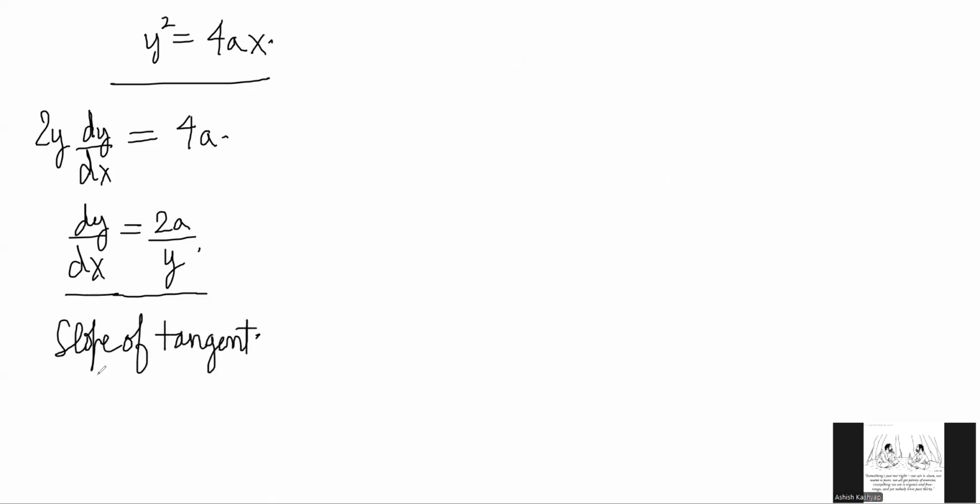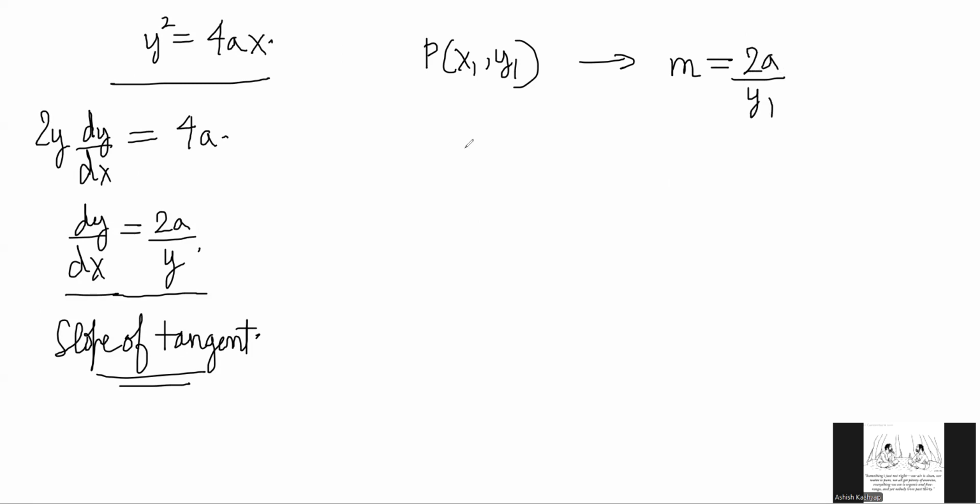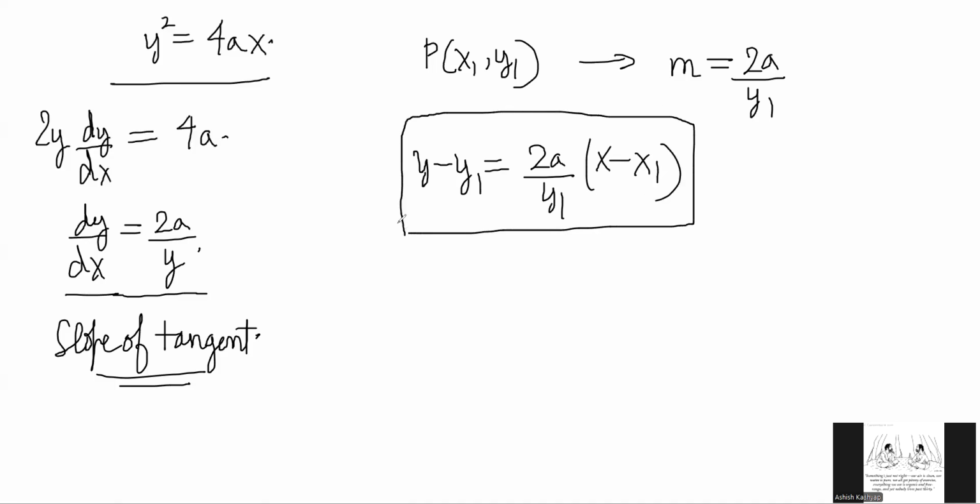If I need the slope of the tangent at the point (x1, y1), the m of the tangent at that point will become 2a by y1. So the equation of the tangent will be y minus y1 is equal to 2a by y1 times (x minus x1), which as you recall was the same equation we got in the previous case as well, right? If you simplify this, you will get y y1 is equal to 2a(x plus x1).